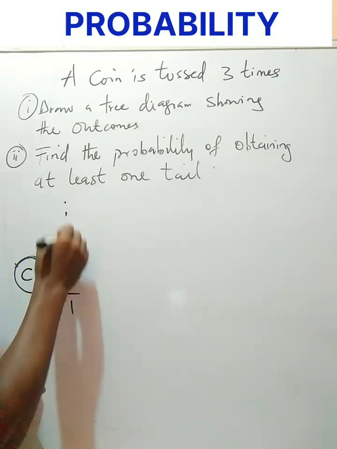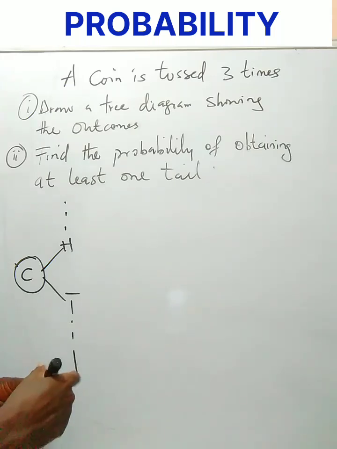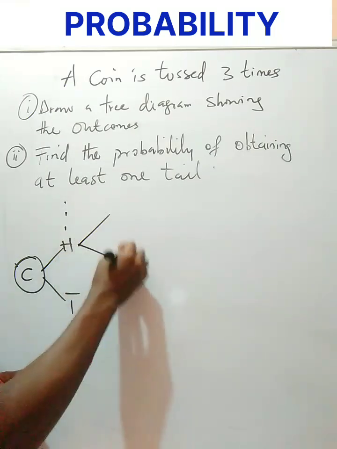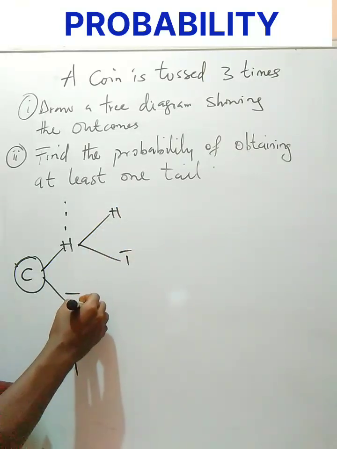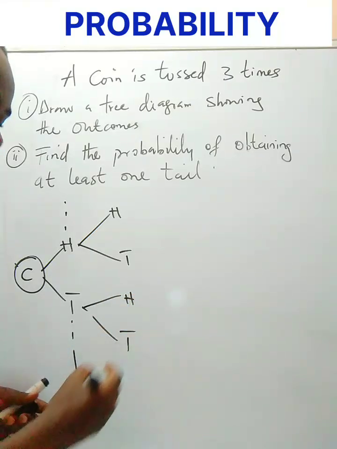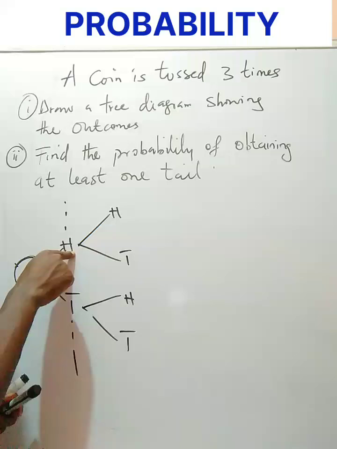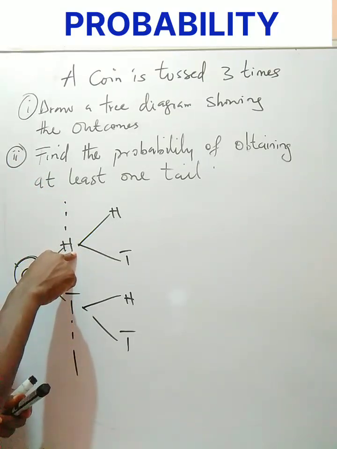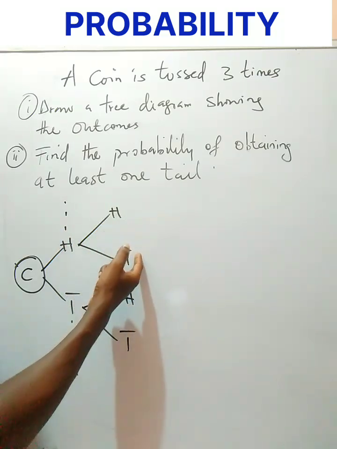Now, when you toss this coin the second time, you can either obtain a head or a tail as well. That is to say, if the first outcome was a head, then for your second toss, there's a possibility to get a head or a tail.